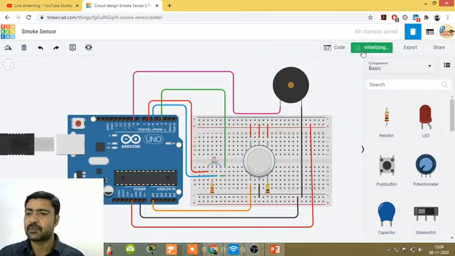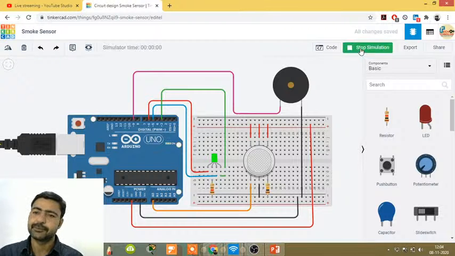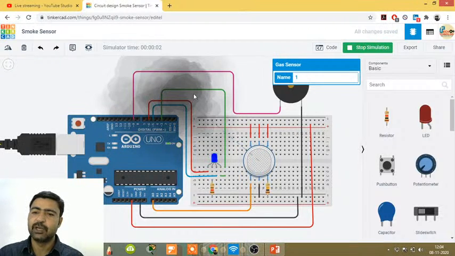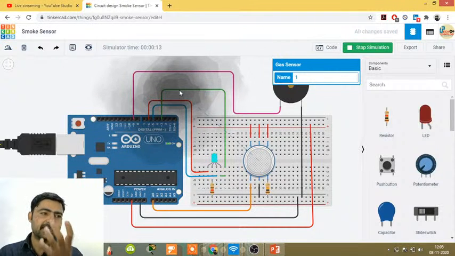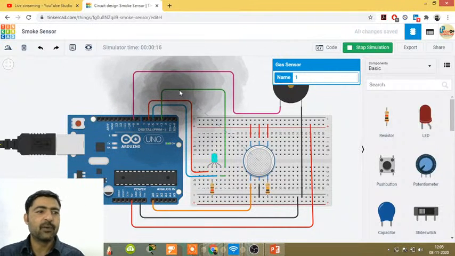When we start this project, what we are seeing in simulation, this is the smoke. So this is the gas which is present in an area, and you will see that when this is far from the gas sensor, or you can say when the concentration is less, automatically what will happen?